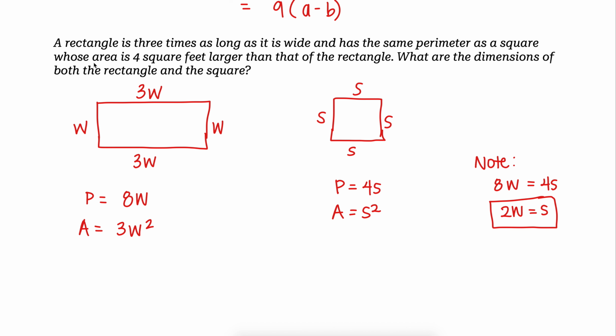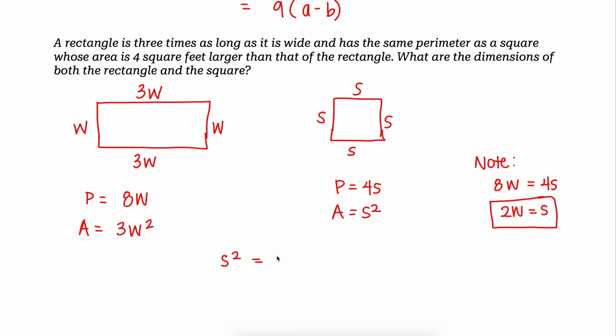And it says the area of the rectangle is 4 square feet larger, or sorry, let me go back again. The square has an area 4 square feet larger than that of the rectangle. So the area of the square is 4 square feet larger than the area of the rectangle.